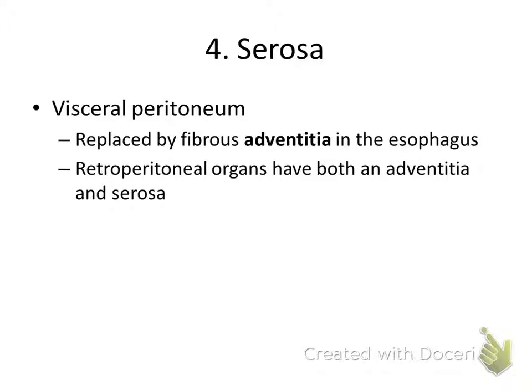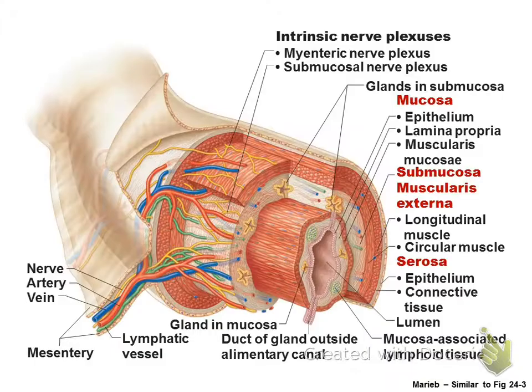And that should make sense if you think about the esophagus, because the esophagus does not always move through cavities. When it's in the neck, there's no cavity there. And because there's no cavity, we don't need serous membranes. Instead, we can just glue it onto the surrounding tissues. That's what adventitia does. Because it doesn't have anything to rub up against to cause friction. There's no space for that.